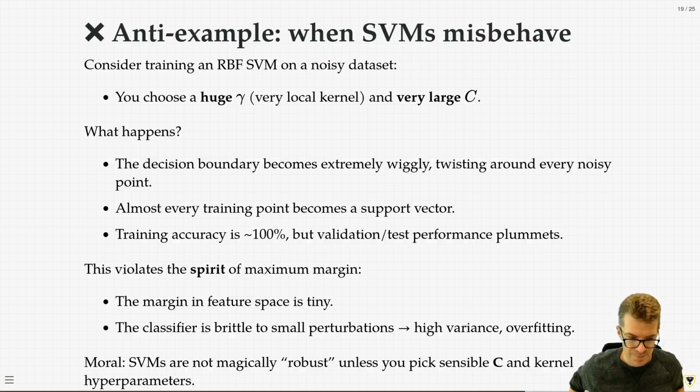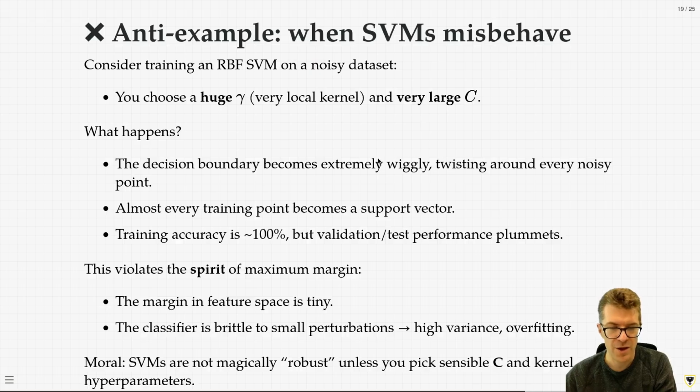But if you're unreasonable and you pick silly values of C, or if you don't optimize C using a held-out validation set, or if you have other kernel hyperparameters, like the order of the polynomial if you're using a polynomial kernel, for example, and you don't optimize that on your train and validation sets, then you're going to have a bad time. In other words, the moral of the story is SVMs are not magically always going to be robust. You still have to do the empirical work, always.